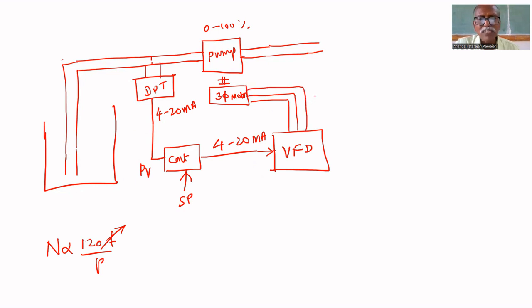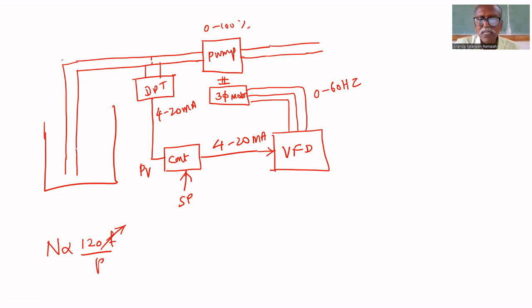Its frequency varies from 0 to 50 hertz or 60 hertz, depending upon the standard. Let us assume that the motor runs at 60 hertz. The US and Canada standards are 60 hertz, but Indian and UK standards are 50 hertz.